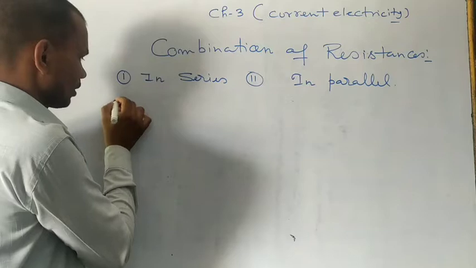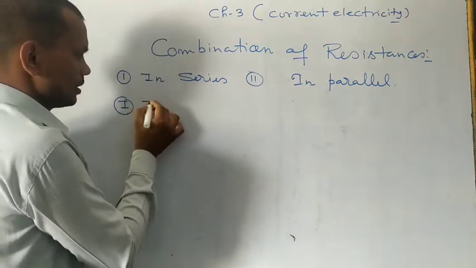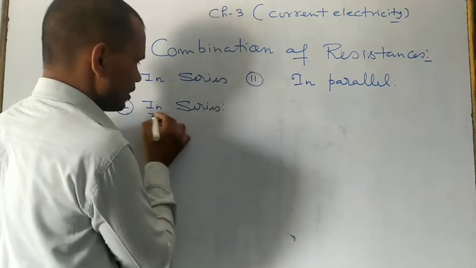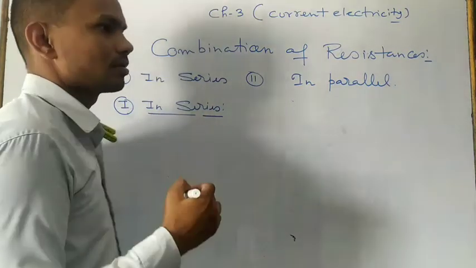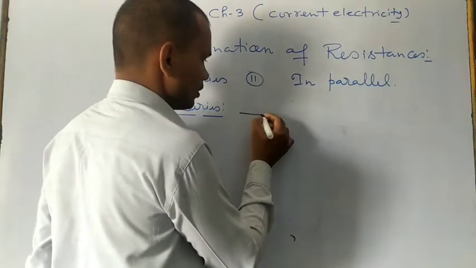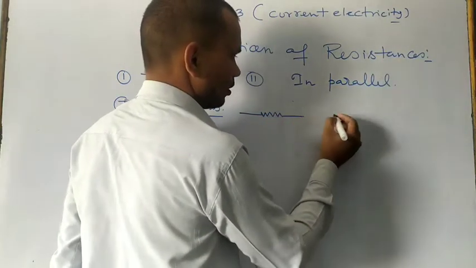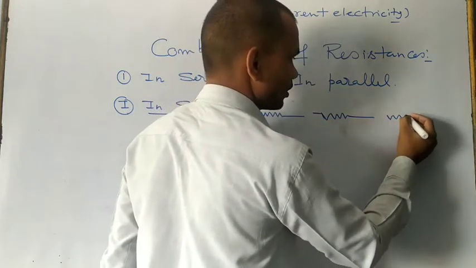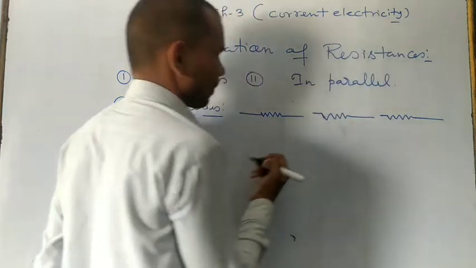First one, in series. So in series arrangement, suppose we have the resistances. Suppose this is the first resistance, this is the second resistance, and this is the third resistance, like that.